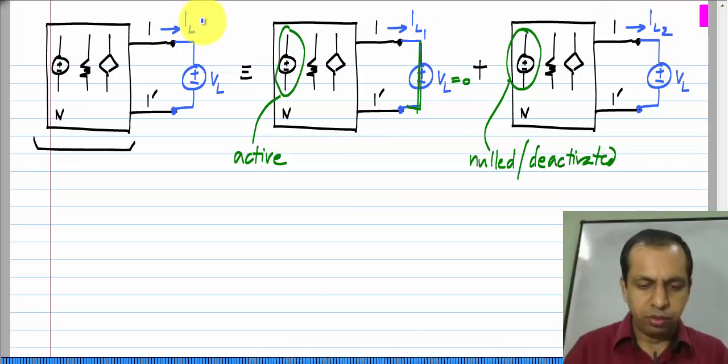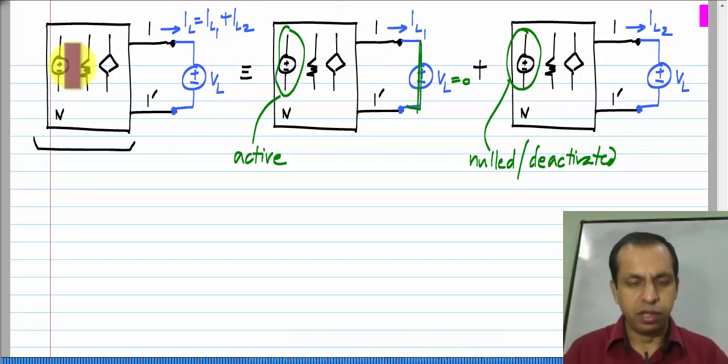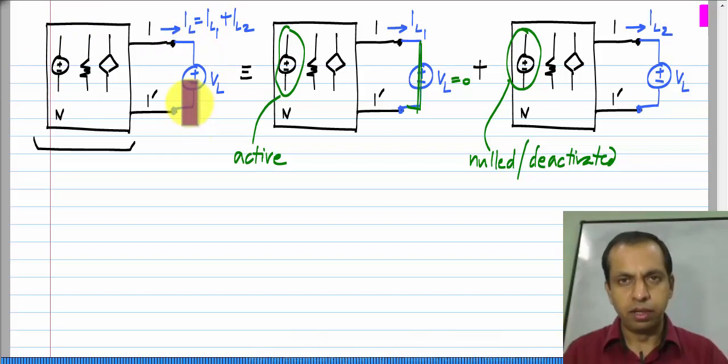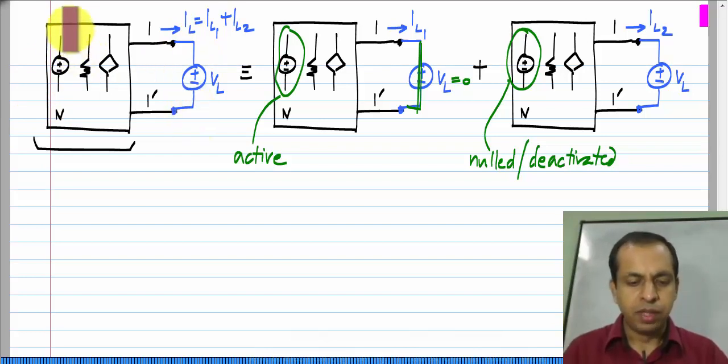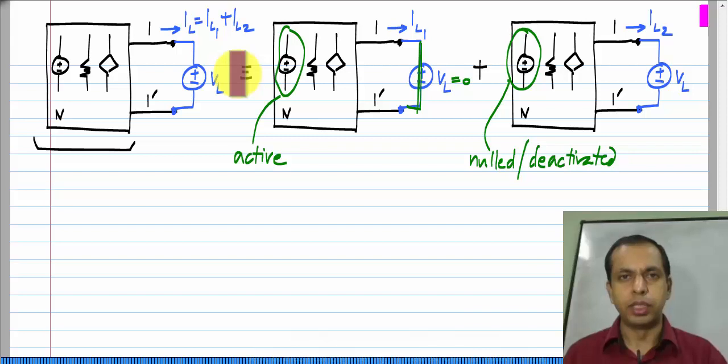My I L in the original case would be the sum of these two cases, I L 1 plus I L 2. Basically, I have these independent sources, V L and all of the internal independent sources. In one case, I activate all the internal independent sources, but null V L, and in the other case, I deactivate all of the independent sources and activate only V L.